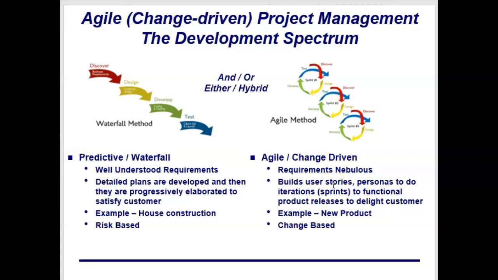So frankly, most projects I run are largely predictive or waterfall, but in essence, they've always been kind of a hybrid of the two. The difference is that predictive or waterfall project management is risk-based, where Agile is change-based, right? And so we're going to largely study predictive, but we do have some slides in each knowledge area on the Agile process, and you want to know those now for the exam and know that a hybrid approach is very popular.